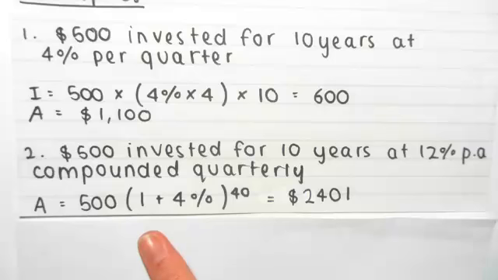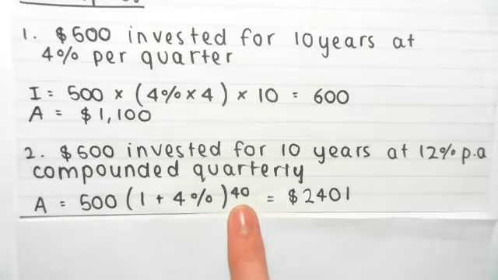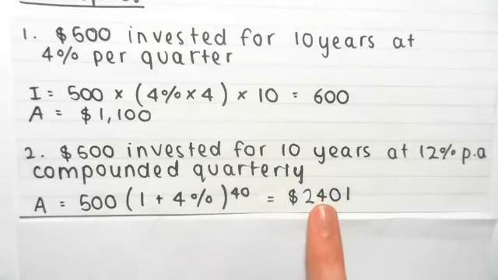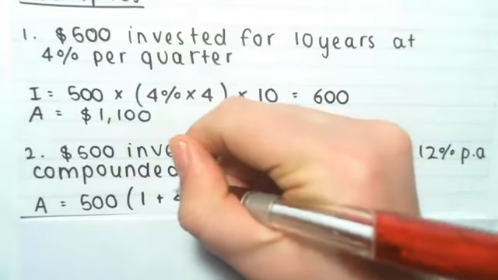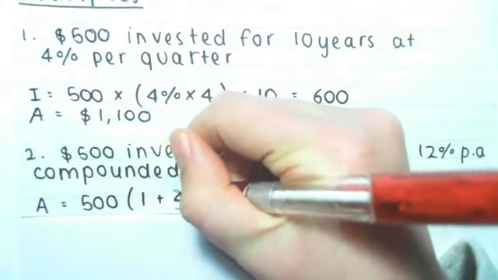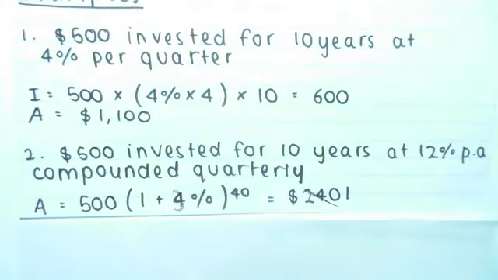So it'll be 500 times 1 plus 3%, which is 12% divided by 4, to the power of 40. And so that answer will be wrong, but it'll be whatever that should be. So that should be a 3% there. So that's basically it for simple and compound interest.